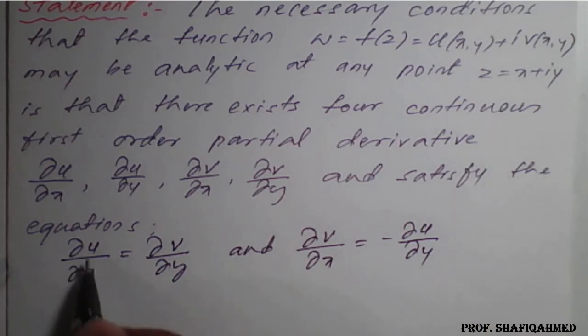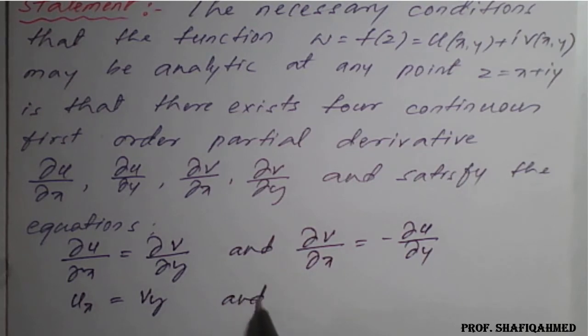This dou u by dou x can also be written as ux is equal to vy, and vx is equal to minus uy.